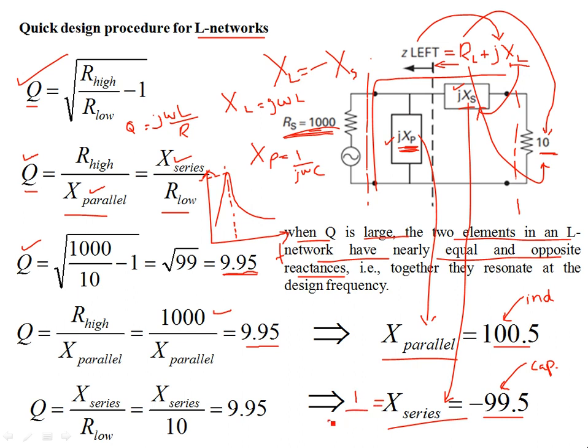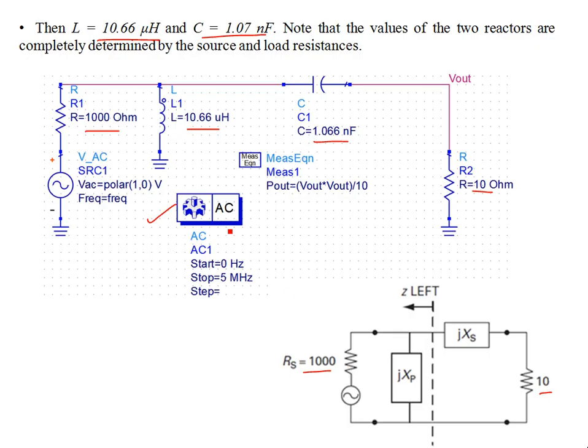omega C. Omega is 2 pi times your design frequency f c, and this is simply 2 pi f L, which is your inductive reactance, and f was set to be equal to 1.5 megahertz.